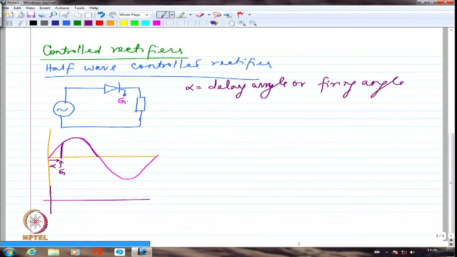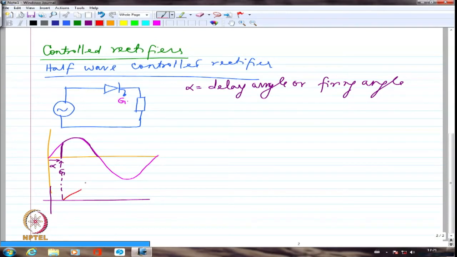But the current cannot jump to a large value right away because it is an RL circuit. The inductance current cannot jump from 0 to a large value right away, so the current would slowly start rising.